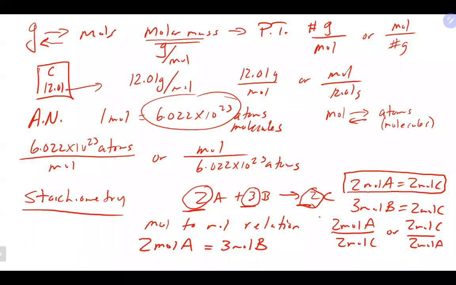And that's what the stoichiometry does. Again, it's really nothing more than a conversion factor. Instead of looking it up in a table, you actually use the balanced equation as your place to get your conversion factor to do so.